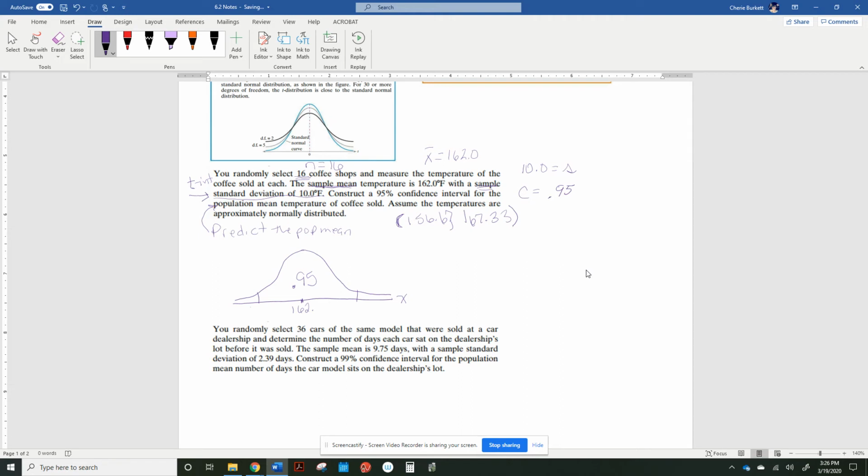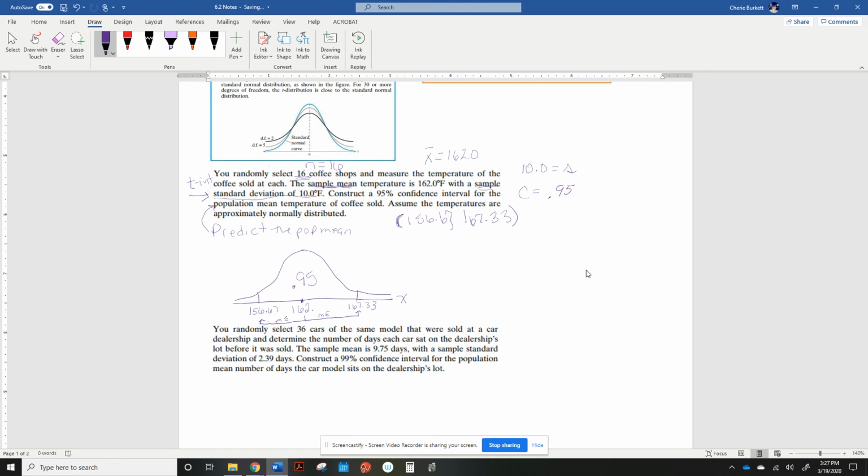The two numbers over here on the ends are 156.67, and this one is 167.33. Remember, everything else is the same. If you needed to find your margin of error, you would find the difference between these two. So subtract these two numbers, or you could subtract these two numbers. This is the margin of error right here.